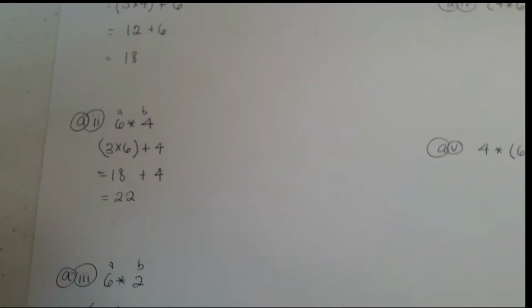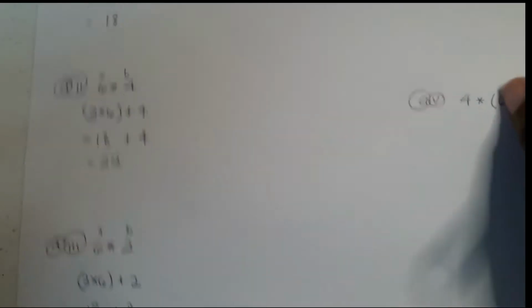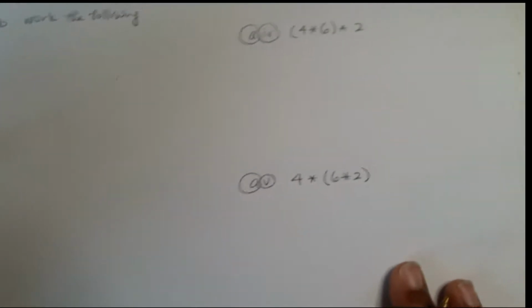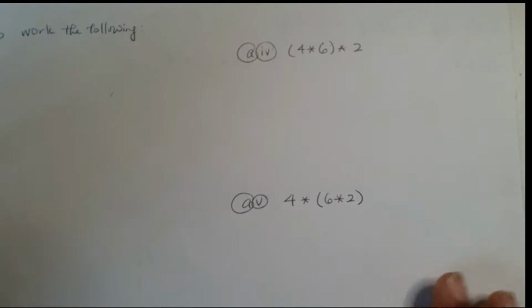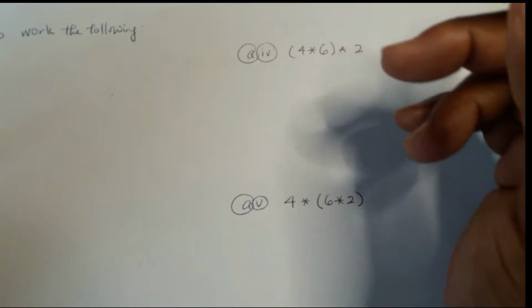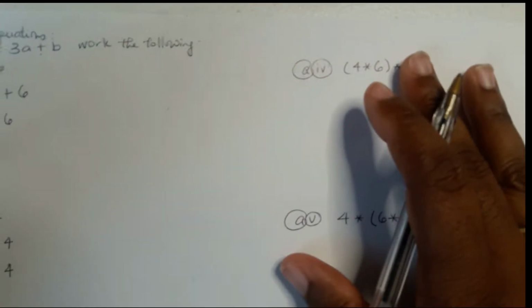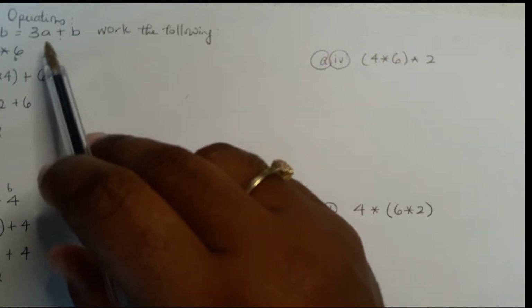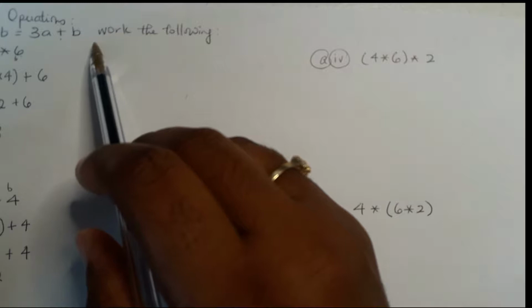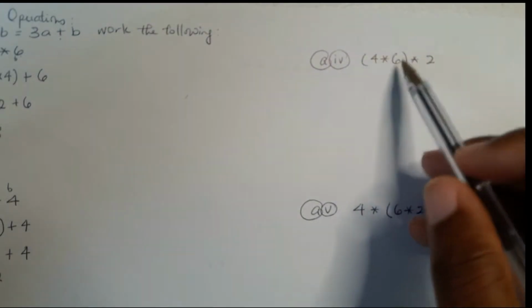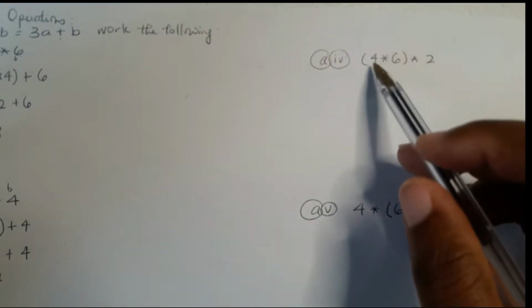So if you look at it, let's keep going. Here we have 4 star 6, star 2. So the operation is 3A plus B, right? So we're going to work out in here first, work out in here first.